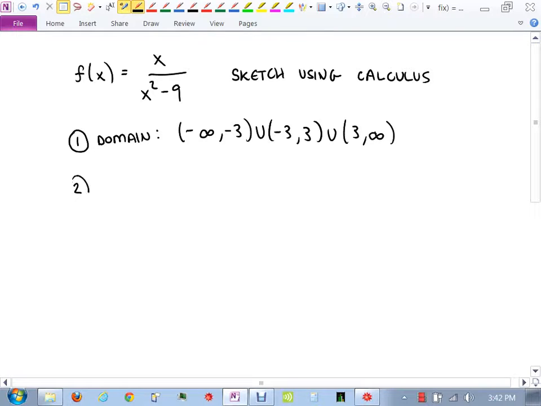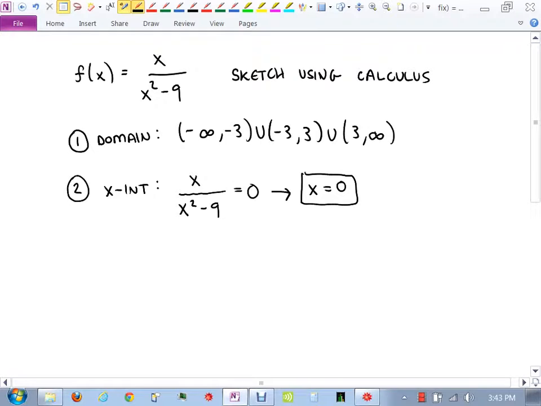Second step, x-intercepts. How do you find the x-intercepts of a function? You take it and you set it to 0. But our function is a fraction, so you only have to set what to 0? The top. And if you set x equal to 0, holy crap, it's already there. x is 0.